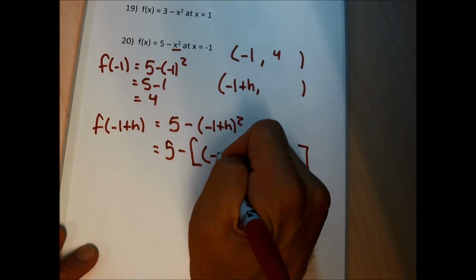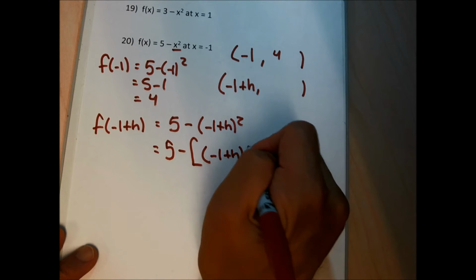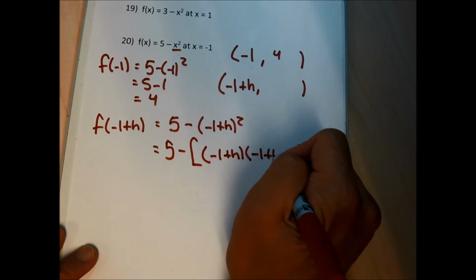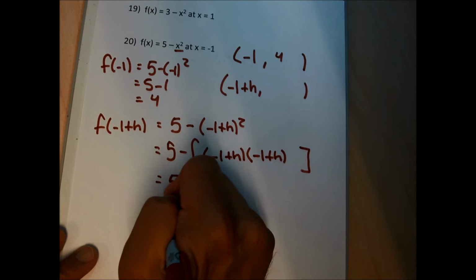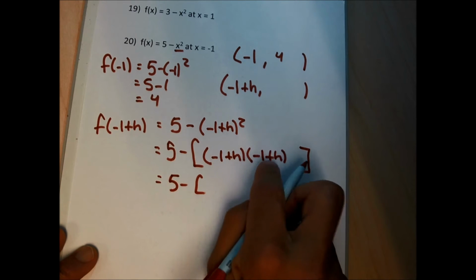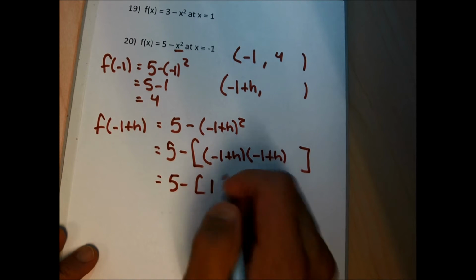this work in a bracket for now. If I don't put it in a bracket, I can get the right answer, but that minus sign out in front there might mess me up. So I'm doing the negative 1 plus h separate from that minus sign, and then I'll incorporate that minus sign. So I'm going to FOIL. Firsts are negative 1 times negative 1, which is positive 1.